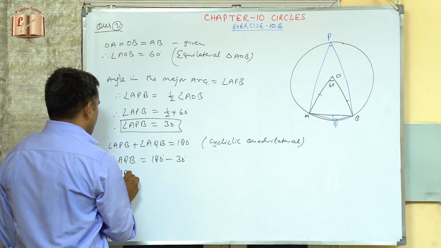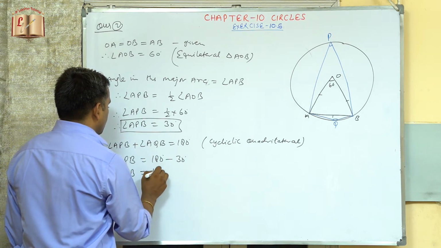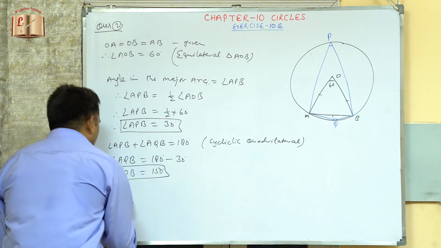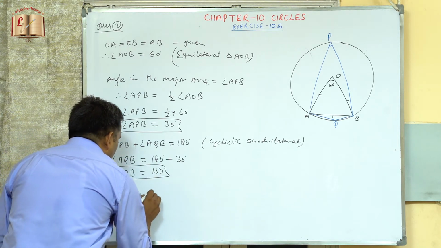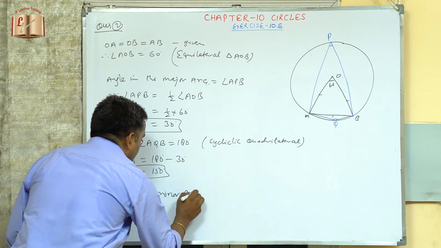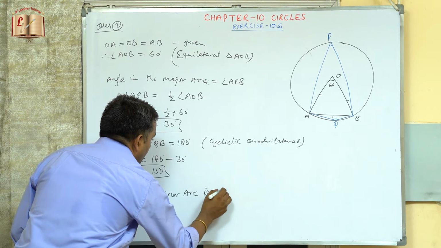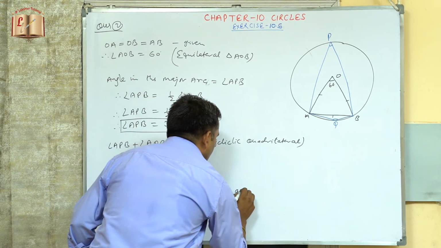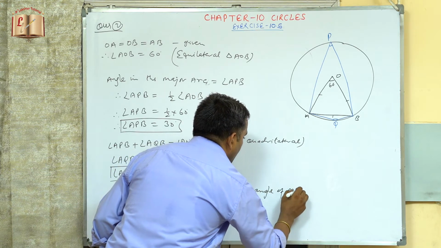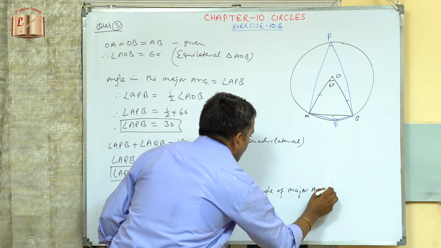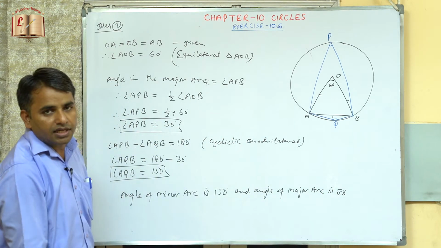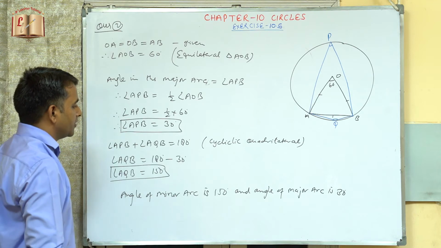So angle AQB is 150 degrees. Therefore the angle of the minor arc is 150 degrees and the angle of the major arc is 30 degrees. So we got these angles for the major and minor arc: 150 and 30 degrees.